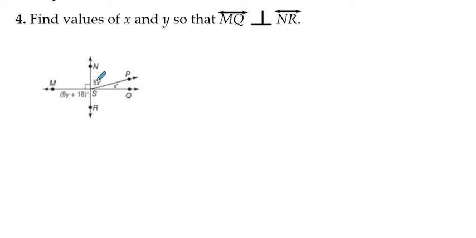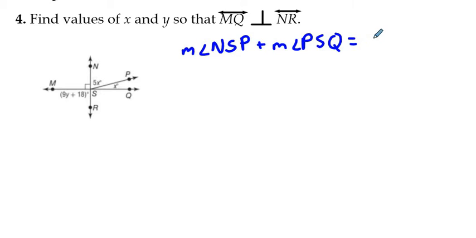Alright. These two lines you want to be perpendicular. Alright, so let's solve for x first. That means that the measure of angle NSP plus the measure of angle PSQ has to be 90 degrees.